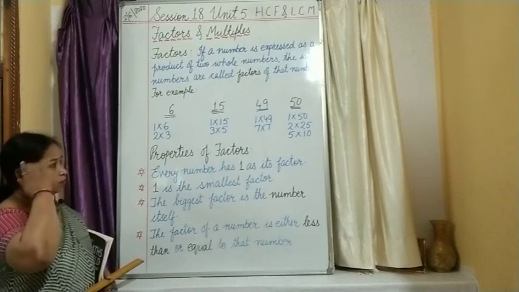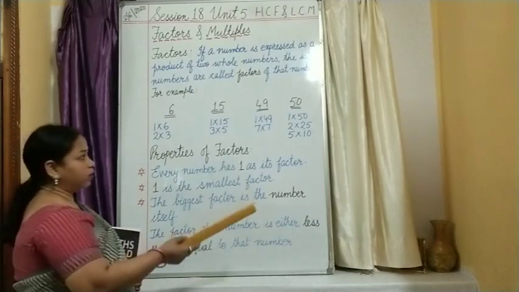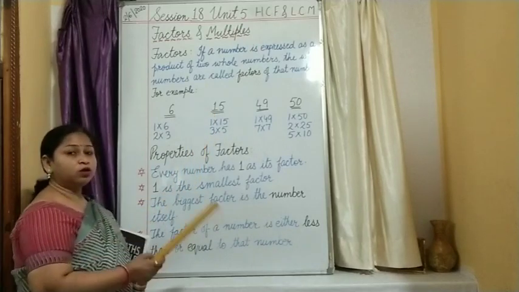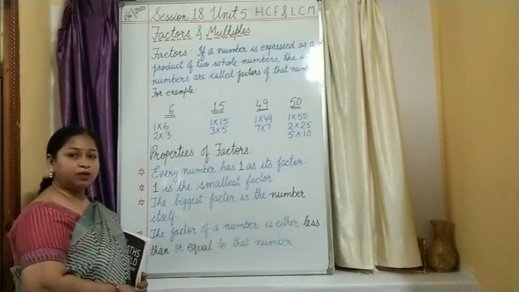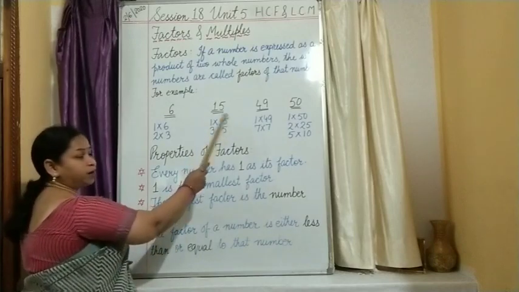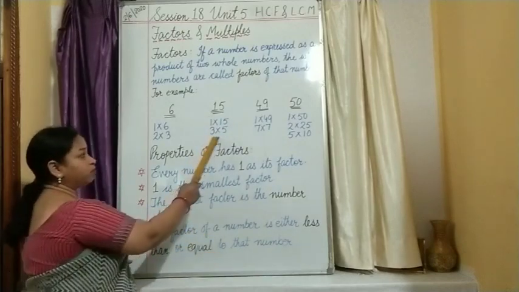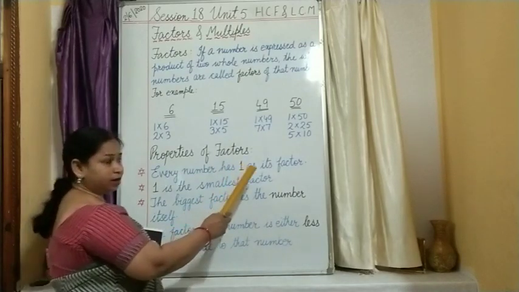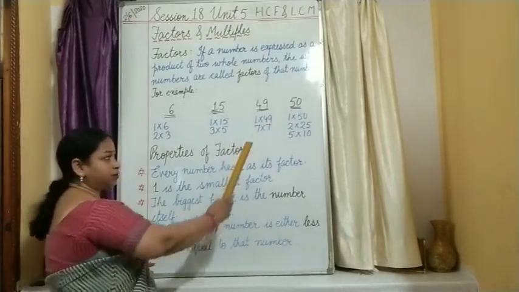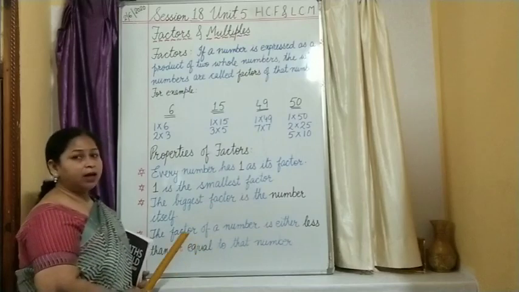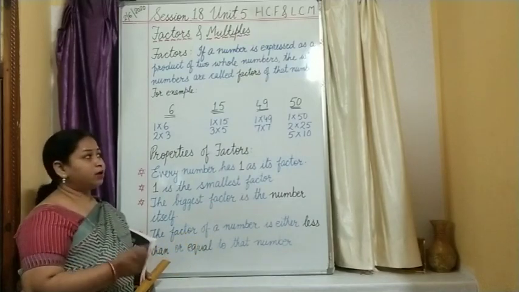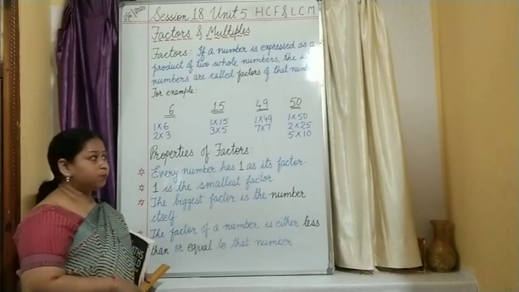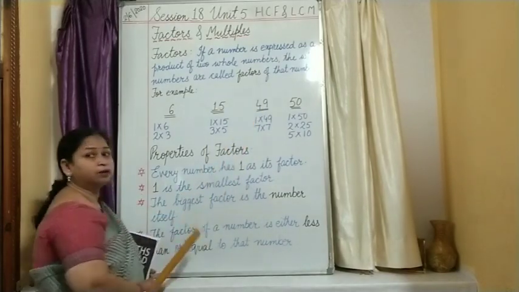Now, take one more example, 15. What are the tables where you will be getting 15? 1 multiplied by 15, yes. Then 3 multiplied by 5, 15. Now 49: 1 multiplied by 49, 7 sevens are 49. You have to take such a pair that, when you multiply them, you get the number required.